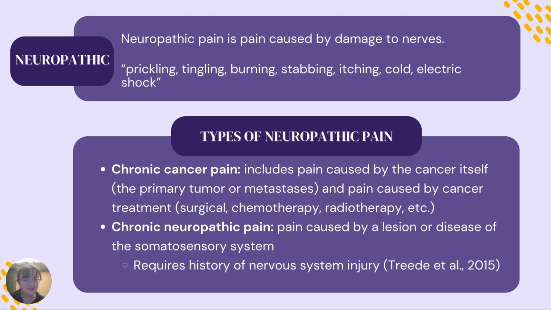Chronic cancer pain is going to be one, whether that is pain by the cancer itself or the treatment. Here is that full definition for you that I didn't provide because I wanted to leave it here. The other type is our general neuropathic pain diagnosis, chronic neuropathic pain, which is going to be that pain caused by either a lesion, disease, or damage to the somatosensory system.